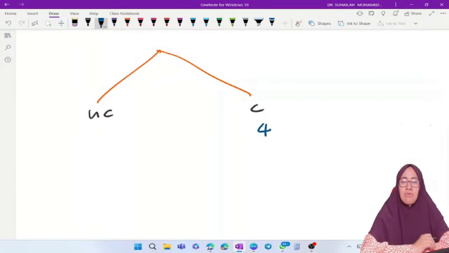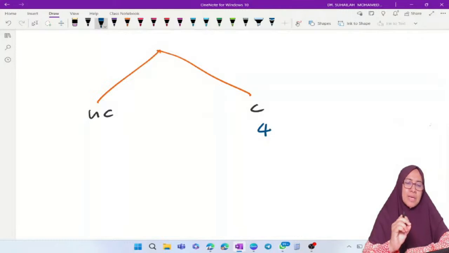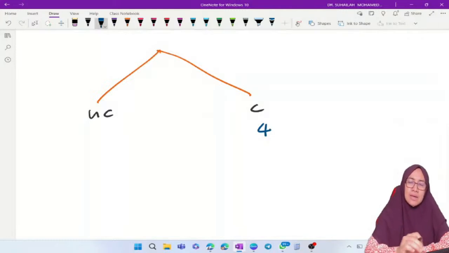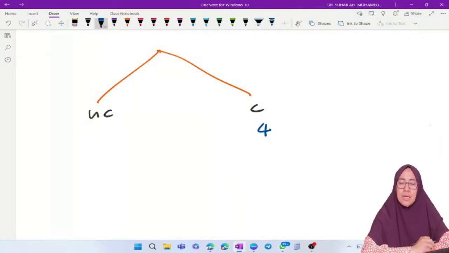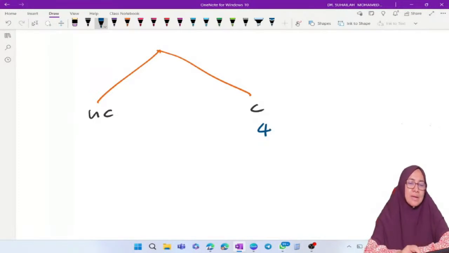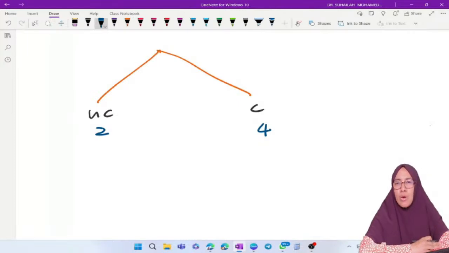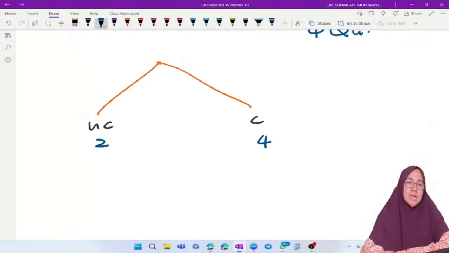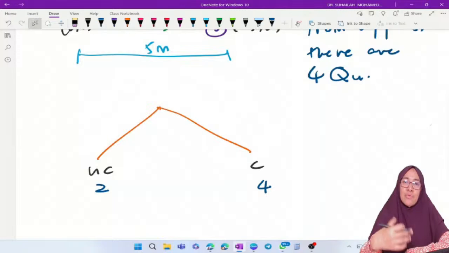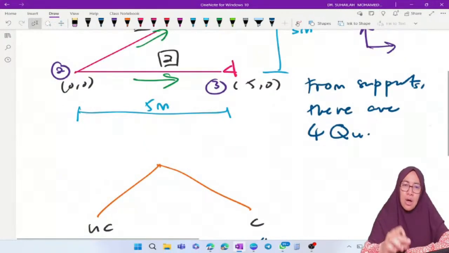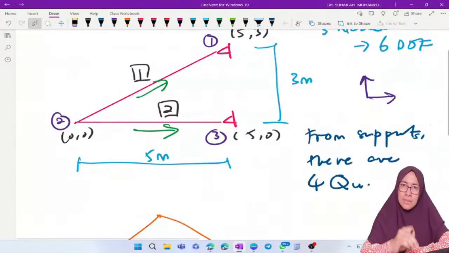Okay, 4 DOF will be located under the constraint system, and the remaining 2 we will put under unconstrained. So we identify from the unknown reactions. Look at the support and identify how many unknown reactions there are.